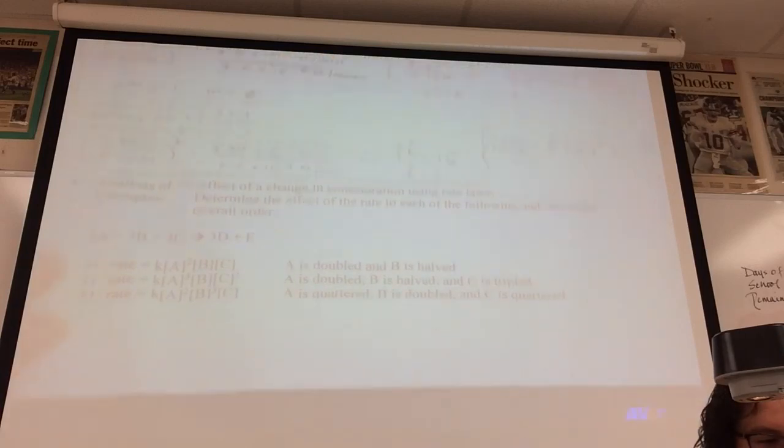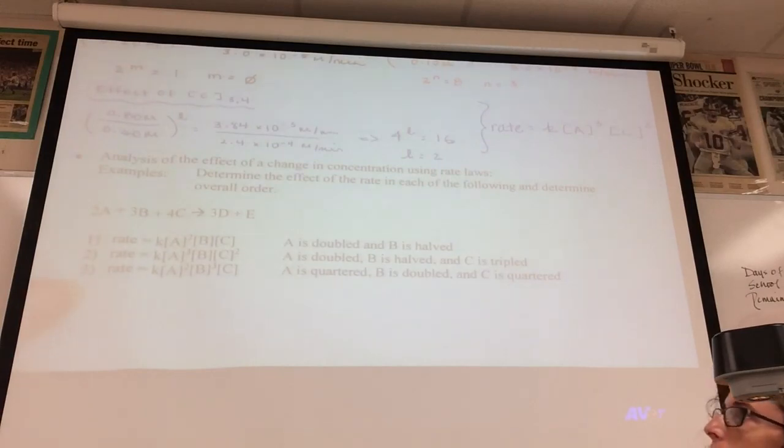This is a little more complex, but we'll do some analysis here so you can see how to work it, and then we'll try the really hard one either together or on our own, whatever you want, to see if we're understanding rate laws, and then you'll have the rest of the period to problem solve.